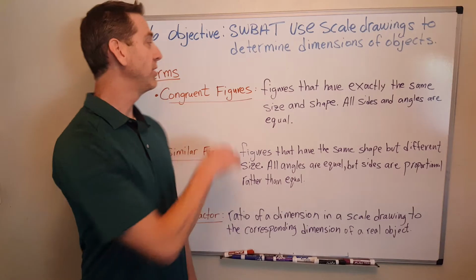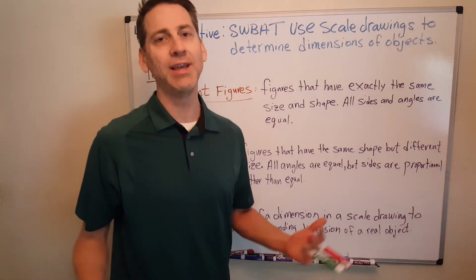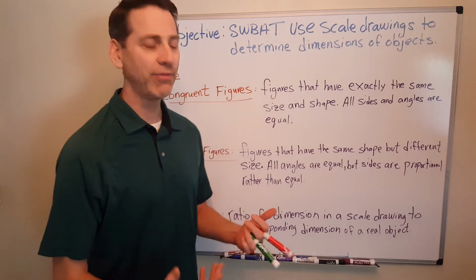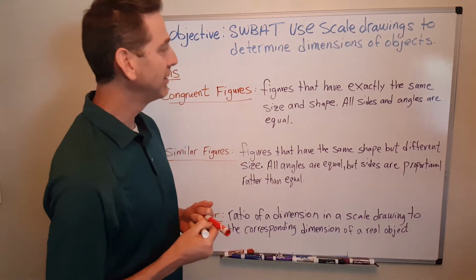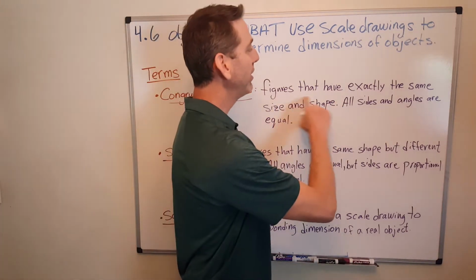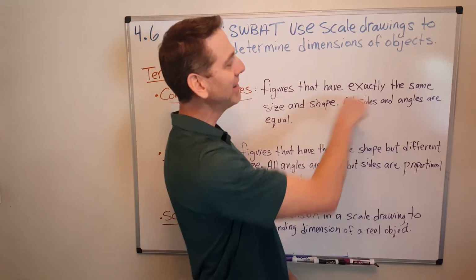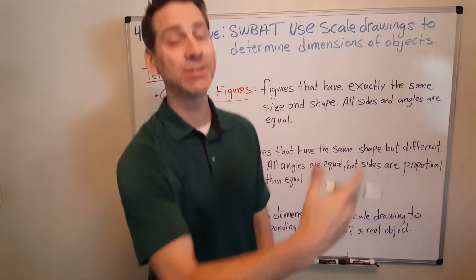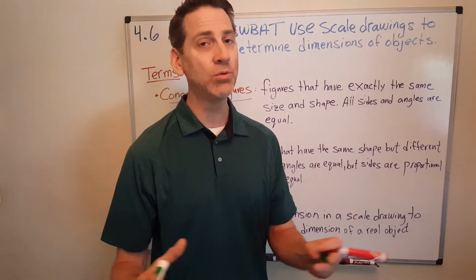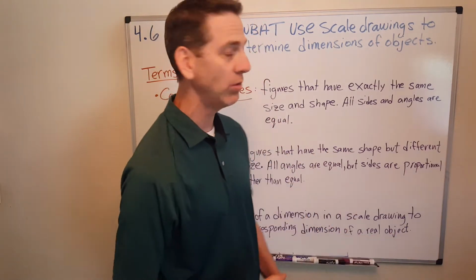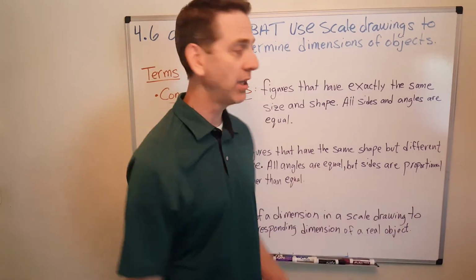Congruent is just a fancy way of saying equal. If I have two congruent figures, it means that the figures have exactly the same size and shape, which means that all the angles will be equal and all the sides will be equal. So these are basically identical shapes.